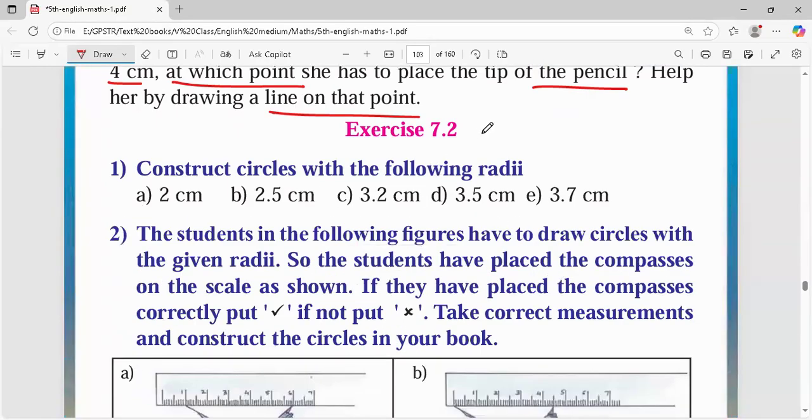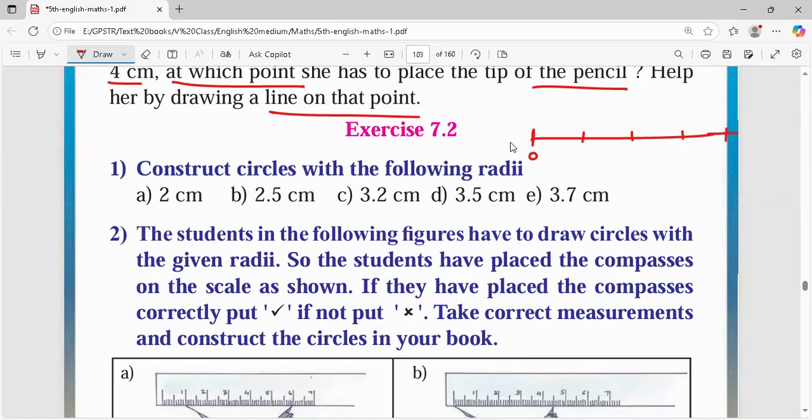Next, exercise 7.2. First one, construct circles with the following radii. 2 centimeter, take a scale. 0, 1 centimeter, 2 centimeter, 3 centimeter, 4 centimeter.